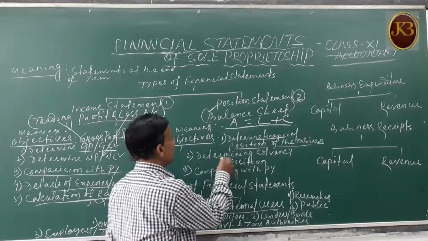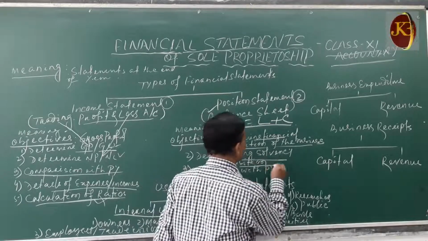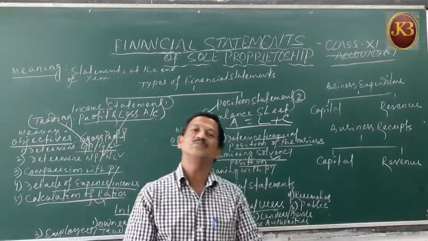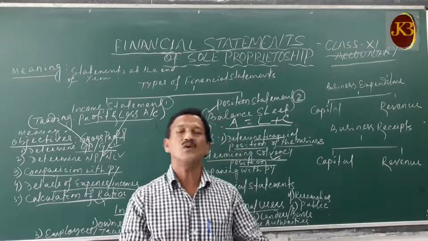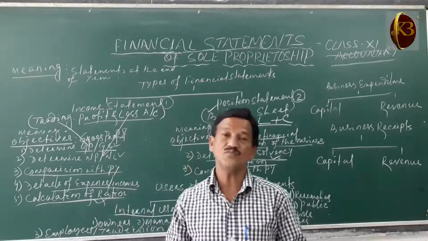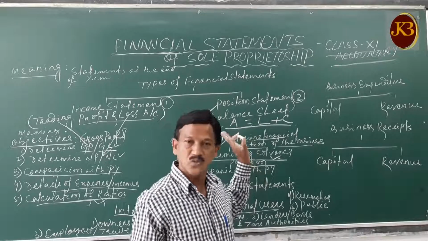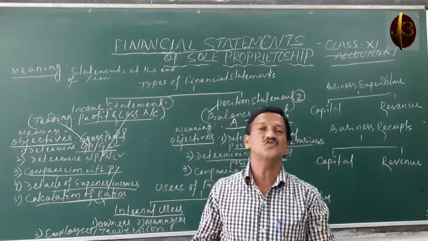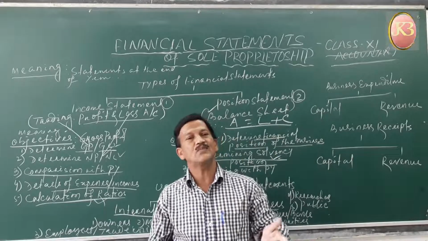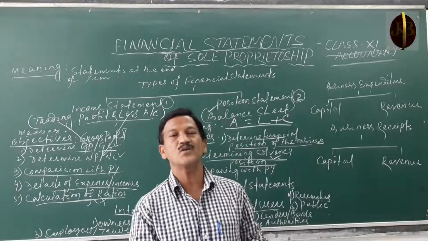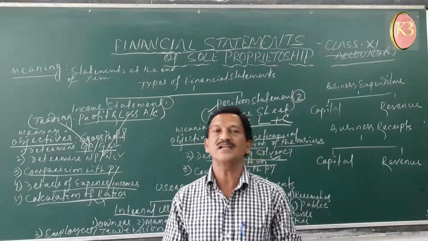Secondly, it determines the solvency position. Solvency position means the obligations of the business, the short-term as well as the long-term obligations of the sole proprietor, who is the sole owner of the business. He wants to know his capacity to repay the short-term liabilities, meaning current liabilities, out of current assets.